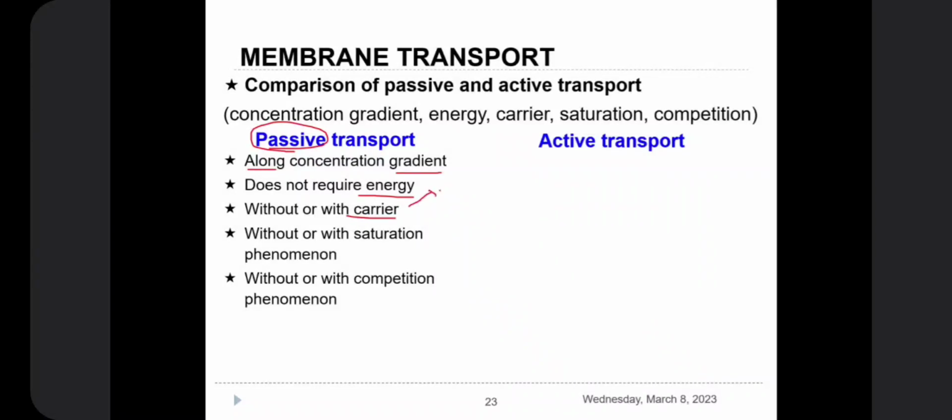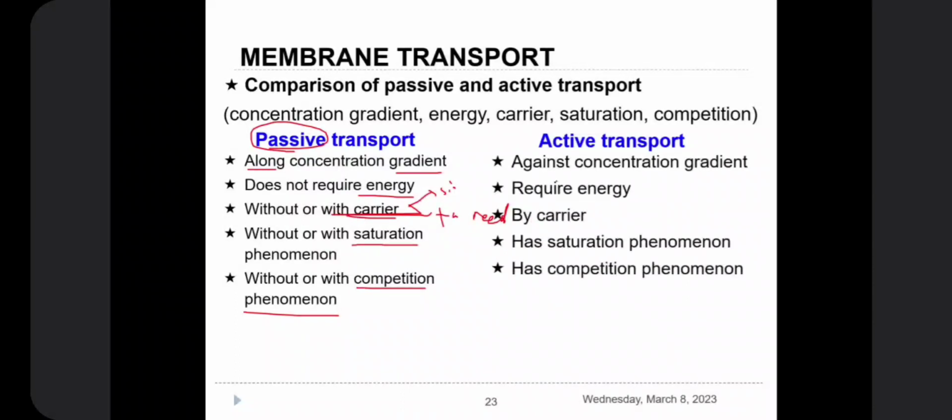Next, passive transport has no saturation phenomenon and no competition phenomenon.